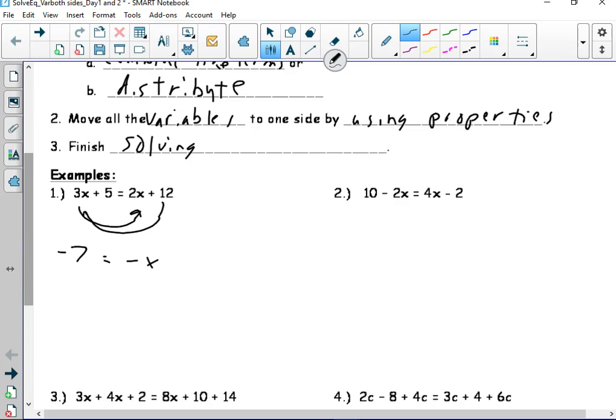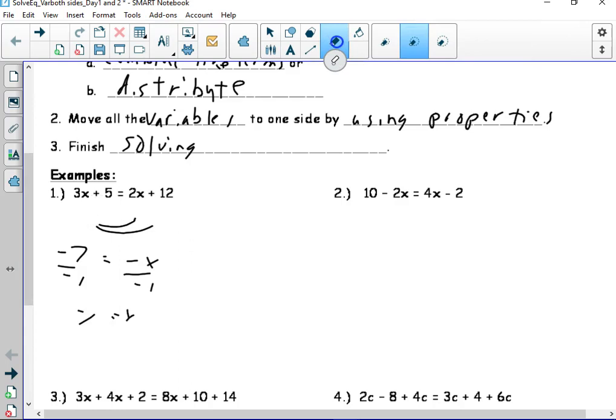And that's okay. That is all right, but that's not the answer. Some people will stop there. Remember, we want one positive variable. So what people forget to do is they forget that they got to get rid of this, by division or multiplication, and get x equals 7.